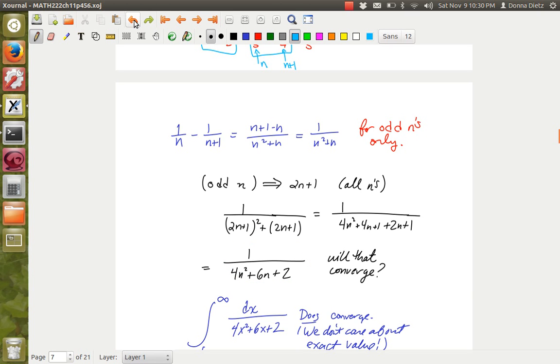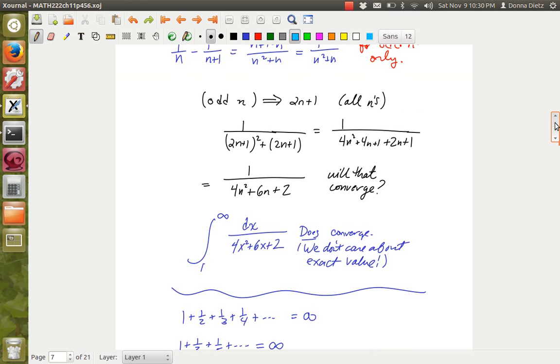Now remember, I'm only adding up the odd n's, but my integral is going to add up everybody, not just the odds, the evens, everybody. It doesn't matter, because we're just trying to find out if this thing converges. So we don't care about the value, we just care about whether it's finite or not. So multiplying by 2 or adding in all the in-between terms, it doesn't matter.